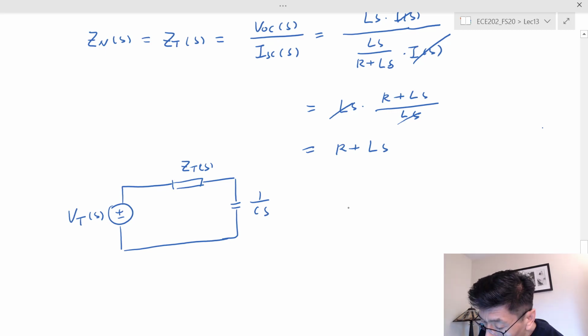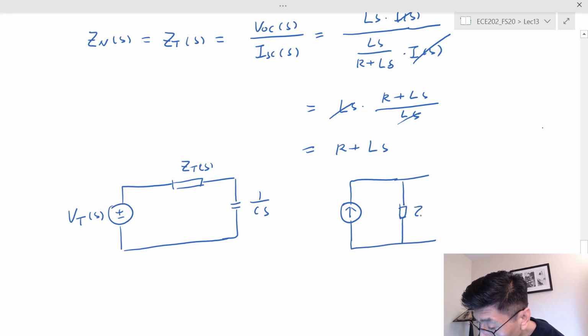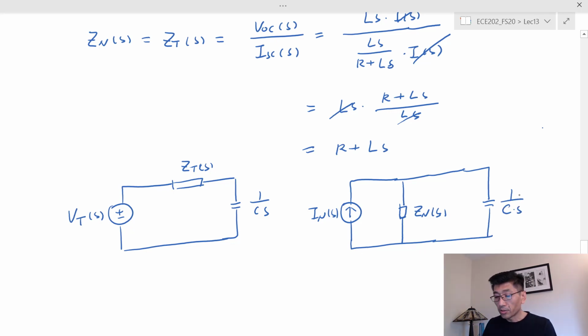And the Norton equivalent circuit would be Z_N(s) here, and I_N(s), and in this case, this capacitor impedance still sees this circuit. And now this is known, right? So we already found this. This is how we find the Norton equivalent circuit.